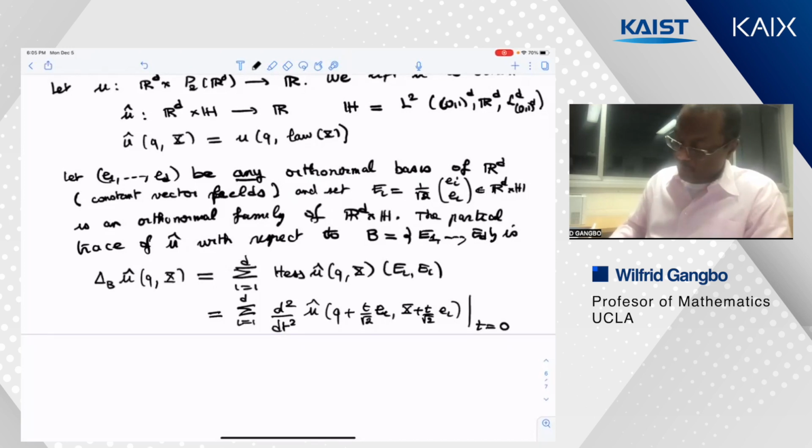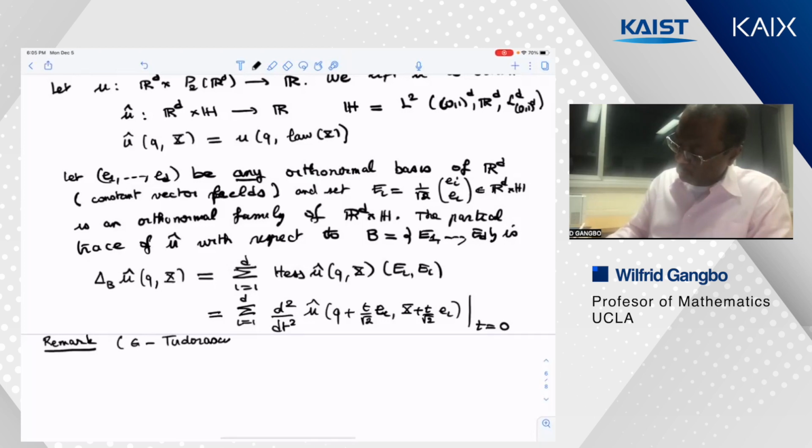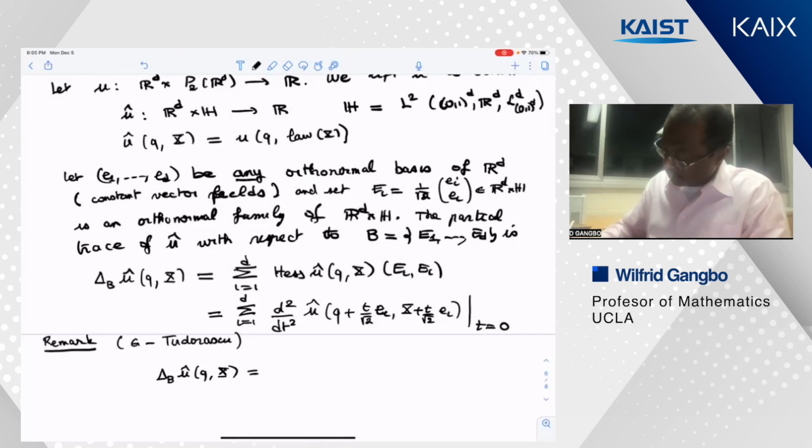So there is a result due to myself and Tudorescu: this function can be factored.